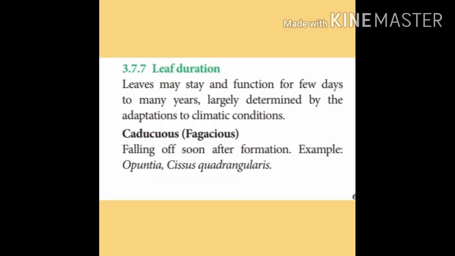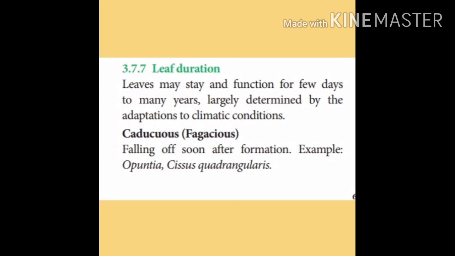Coming to leaf duration, you might have seen plants where the leaf falls down. The duration of the leaf is the time duration of its attachment to the stem. Caducous is falling off very soon. Deciduous is falling at the end of the growing season.